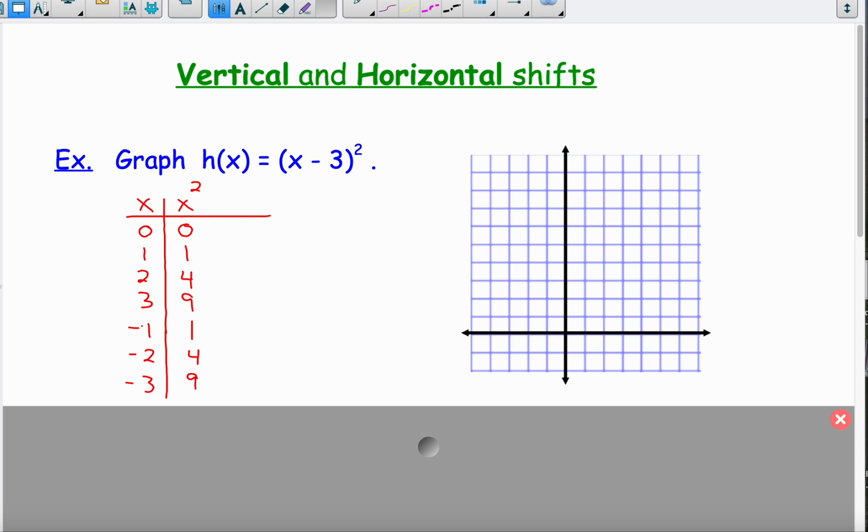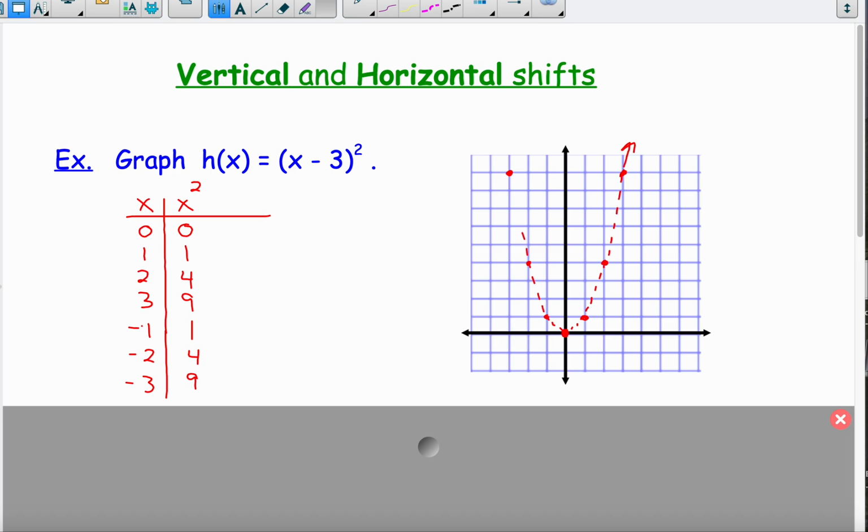All right, so if I go ahead and plot those points, we got 1, 2 goes up to 4, 3 goes way up there to 9, and then negative 1, negative 2, negative 3. Okay, so we're familiar with this graph.